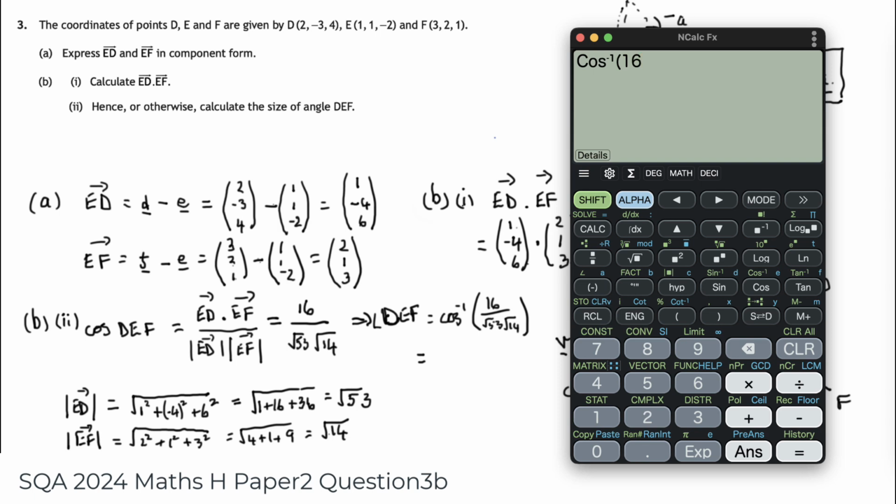and I'm dividing by, now this is a source of error. We're dividing by the whole of root 53 times root 14. We must put that in brackets. So it's root 53, and then we're multiplying that by root 14.